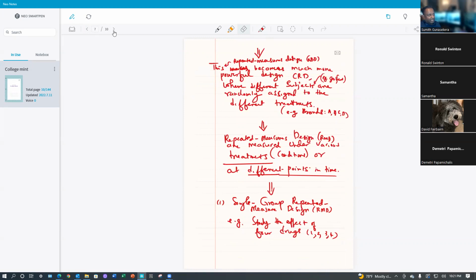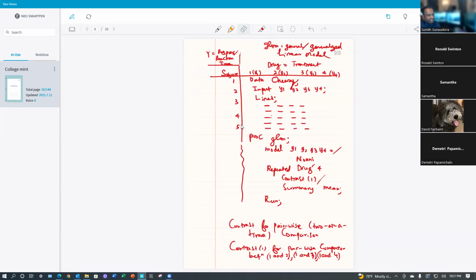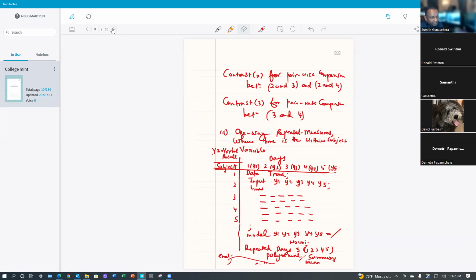I'm calling the group the individuals. This is my group. These are individuals, again over certain treatment or over time. Same thing. One way, or you can say single group repeated measures. Again the within-subject variable being time.